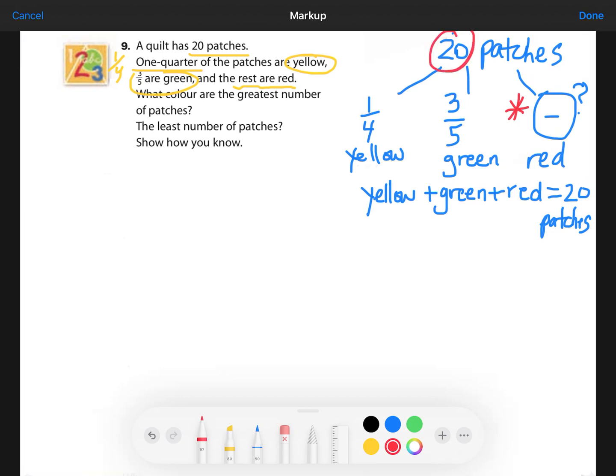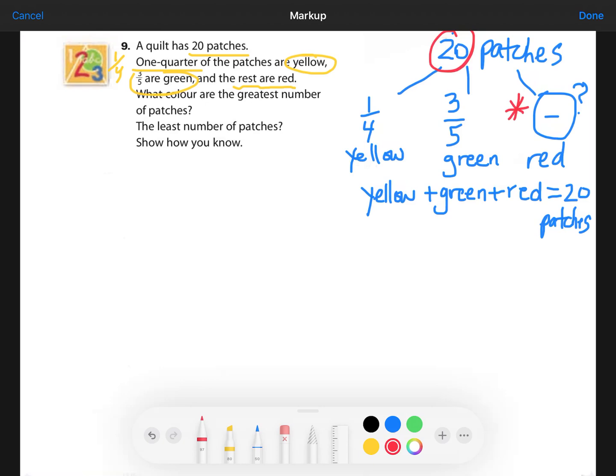But at the same time, I know that there are 20 patches, and I can figure out 1/4 of 20, and I can figure out 3/5 of 20, and then whatever is left over out of 20 must be red. So there are a couple different ways to solve this.